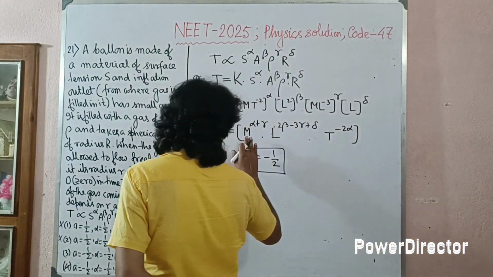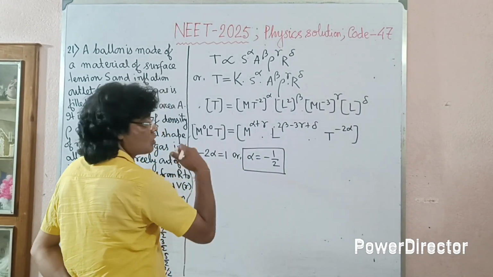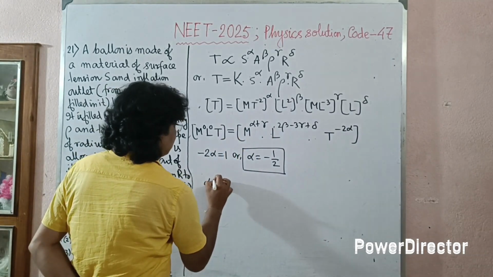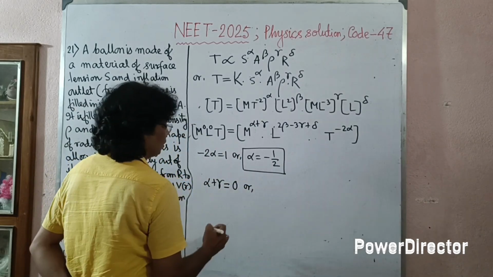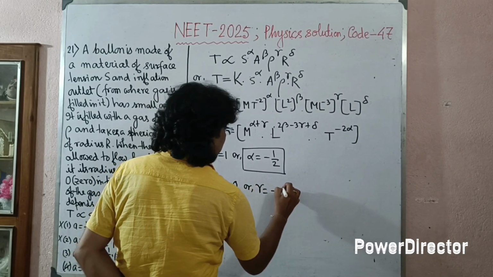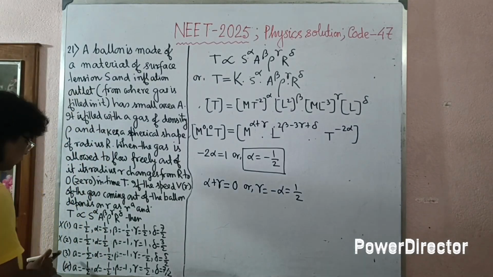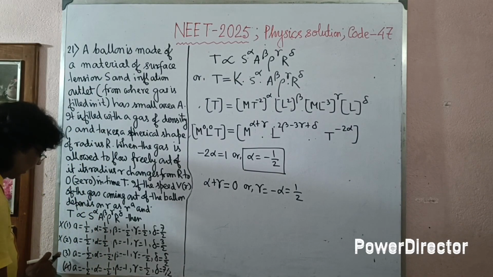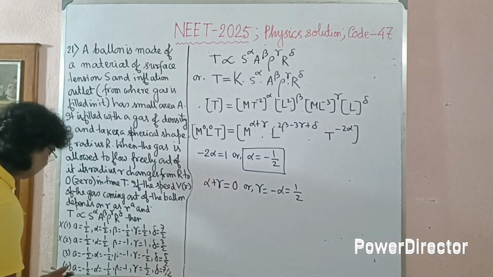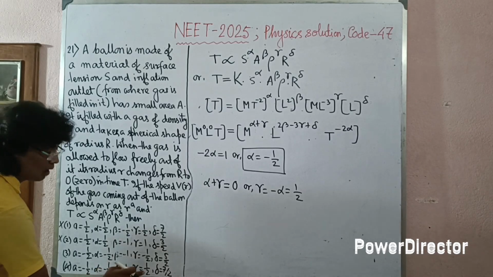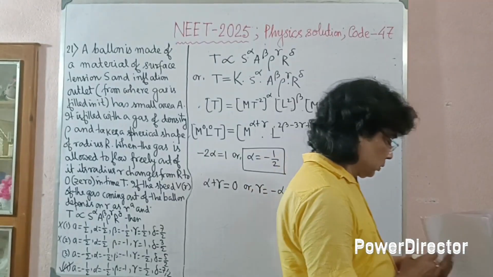Now we can equate the power of capital M on both sides. Right hand side alpha plus gamma, left hand side 0, or gamma equal to minus alpha, that is half. So look, option 3 and 4. In option 3, value of gamma is minus half, and in option 4, value of gamma is half. So what is the correct answer? 4. Okay.